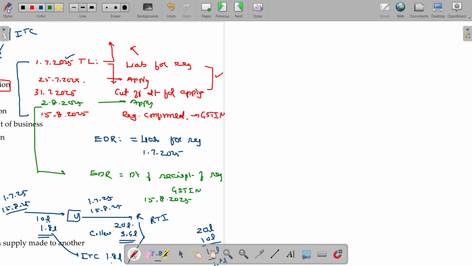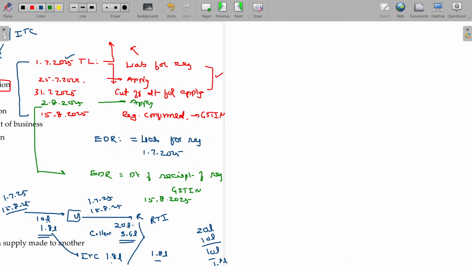Now what happens if you fail to do so? You purchased goods from 1/4/25 to 15th August 25 worth rupees 10 lakhs and 1.8 lakhs you paid. Can I claim the GST as ITC?